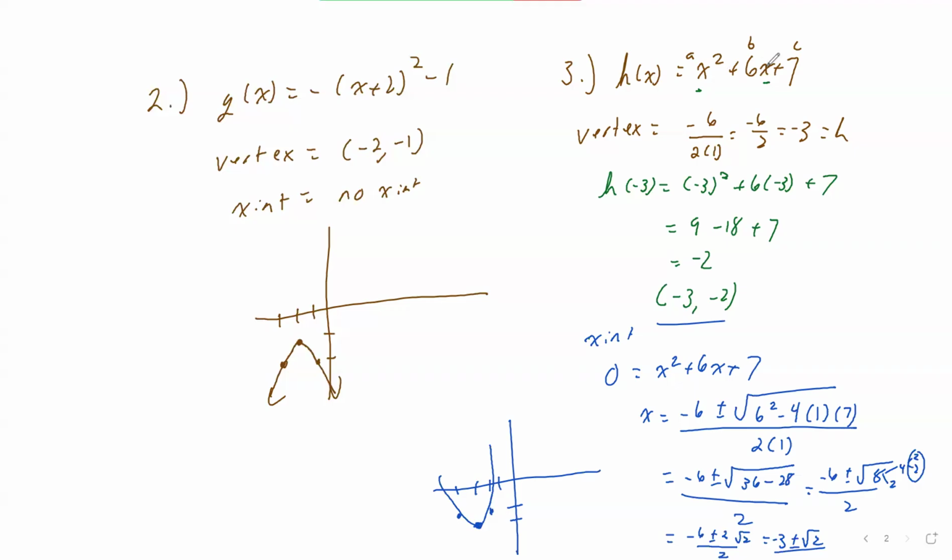You would get 4 minus 12, which is negative 8. Negative 8 plus 7 is negative 1. So I do, in fact, get negative 2, negative 1. So it does continue to work that way. So again, graphing is a lot easier than having to do all that.